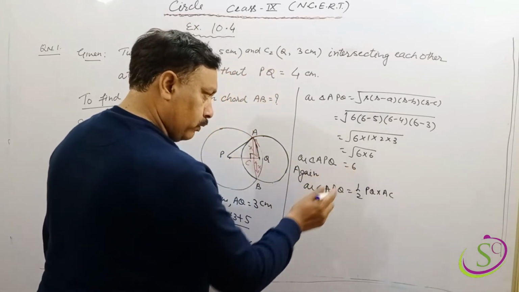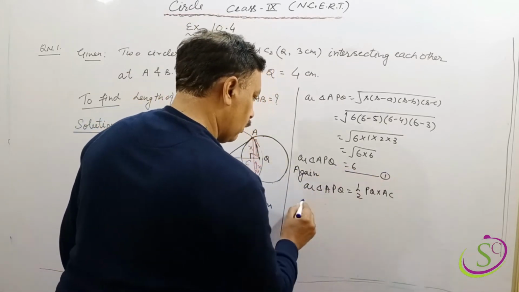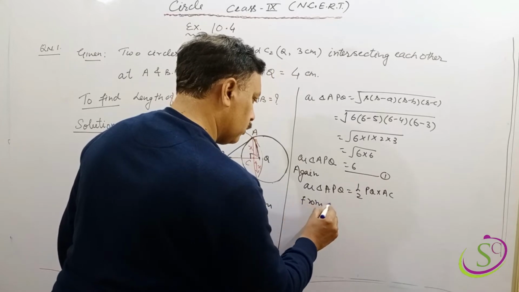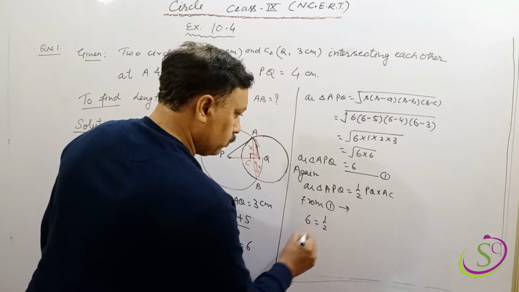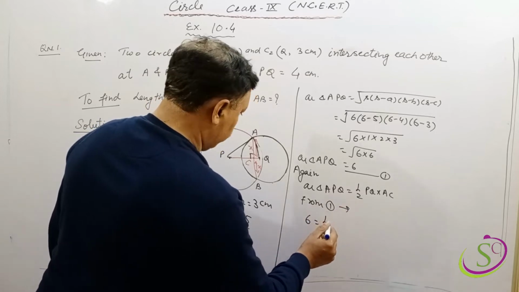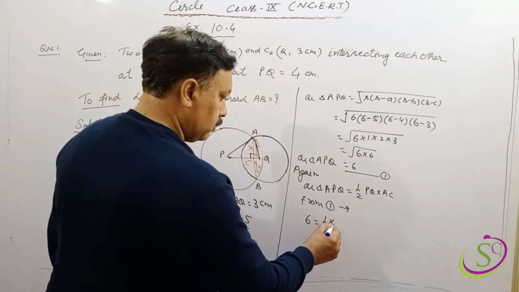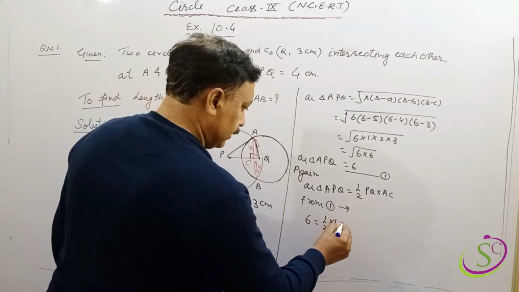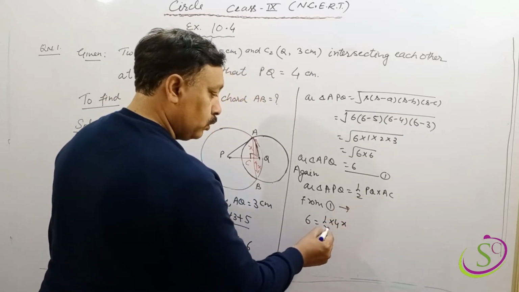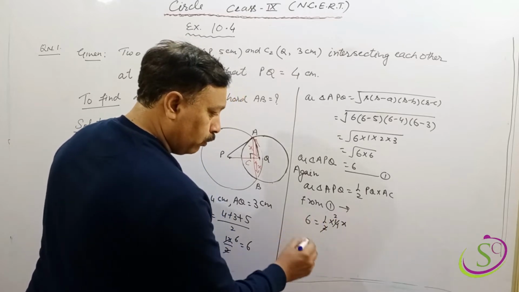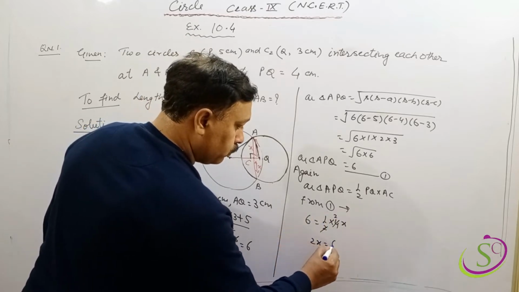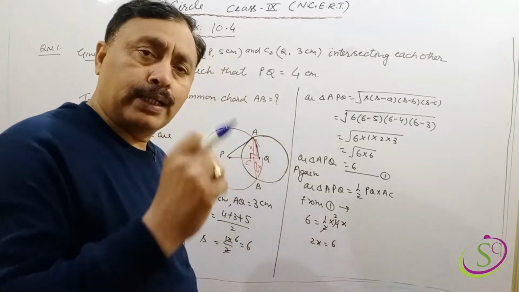Area of APQ is from 1. So 6 equal to 1 upon 2 into PQ. PQ is 4 and AC is x. So 2 into x, 2x equal to 6. Clear?